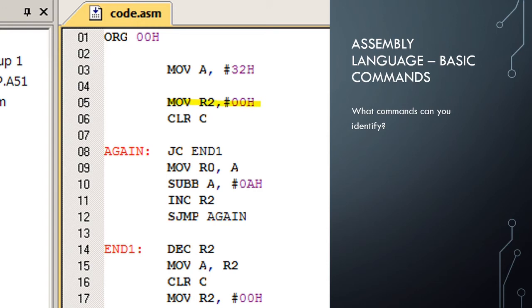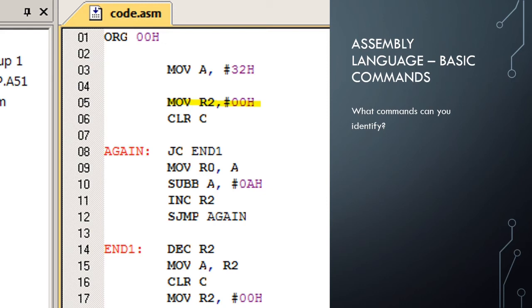And what we're doing is we are moving, remember our source is on the right, destination is on the left. So we are taking the number 0 in hexadecimal and moving it into register 2. And you may note they're only using 2 bits here to represent locations. Best practice is to use at least 4, so this should be 4 zeros.